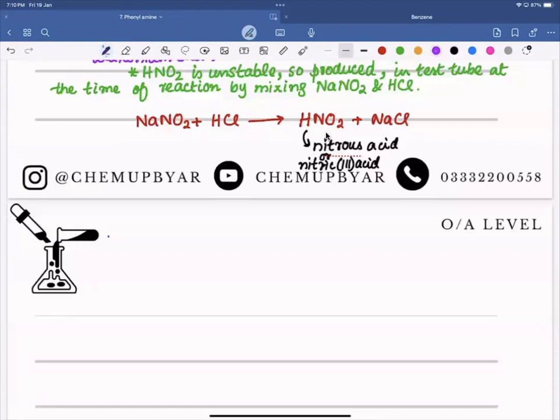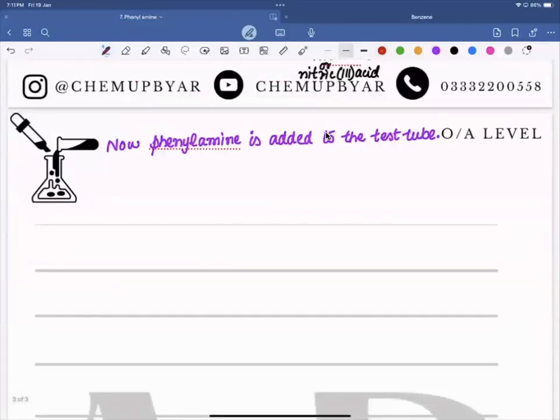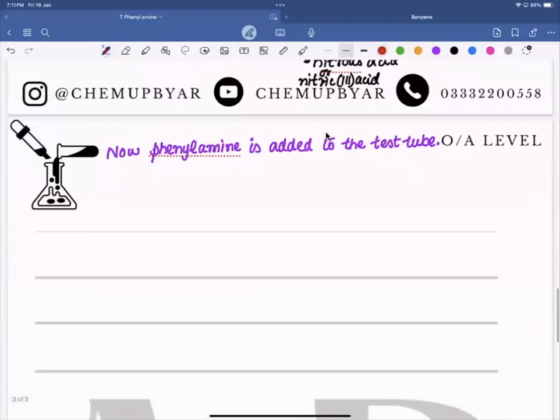Okay, in the same test tube, phenylamine is added, and a diazonium ion or diazonium salt will be produced.